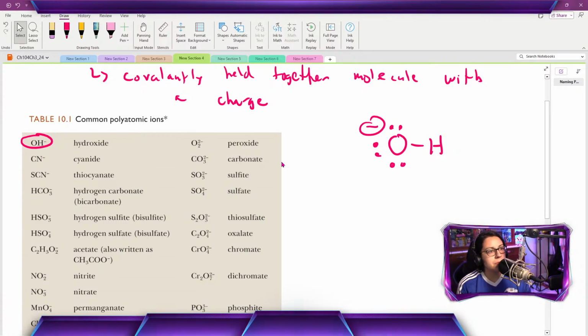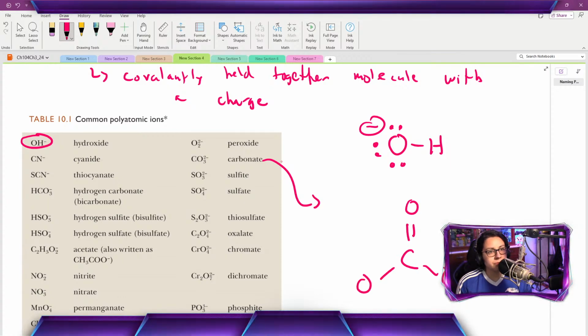Let me draw carbonate out for you. This is carbonate. So again, it has an overall -2 charge. All these are covalently held.